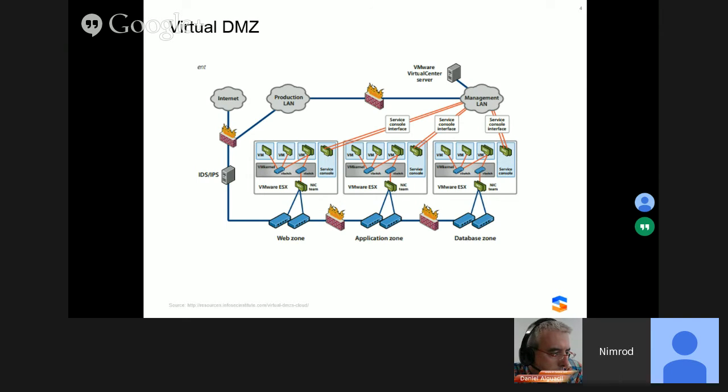Some organizations are still talking about the virtual DMZ, which is more an implementation of a private cloud. The most important part is to be able to use the elastic growth of those technologies. Here you can see a blueprint of a VMware ESX that has the web zone, the application zone, and the database zone. There's a virtual center server that manages everything with the hypervisor.